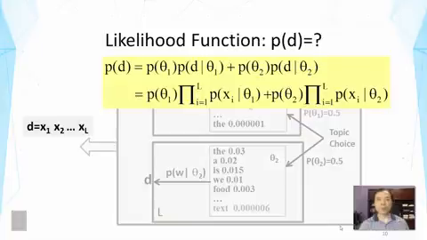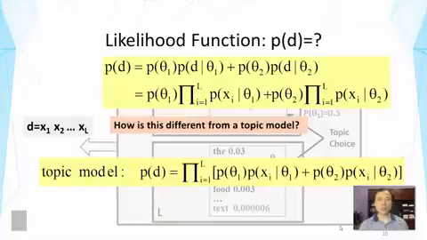So this form should be very similar to the topic model, but it's also useful to think about the difference. And for that purpose, I am also copying the probability of the topic model with two components here. So here you can see the formula looks very similar, or in many ways they are similar. But there's also some difference.